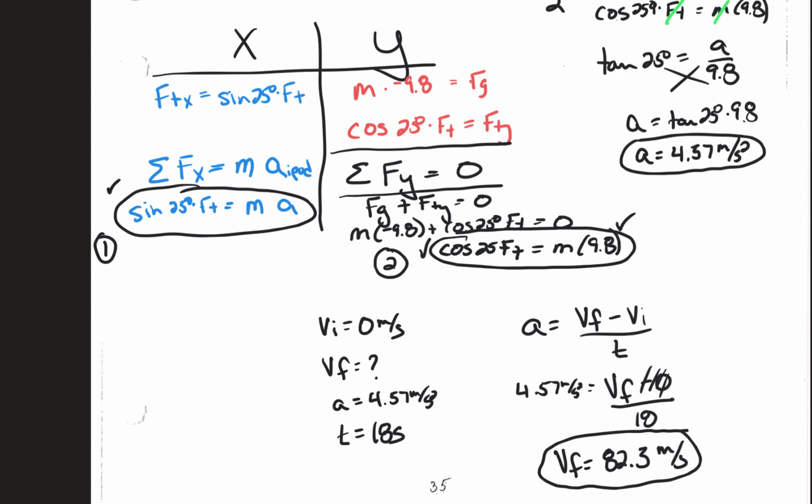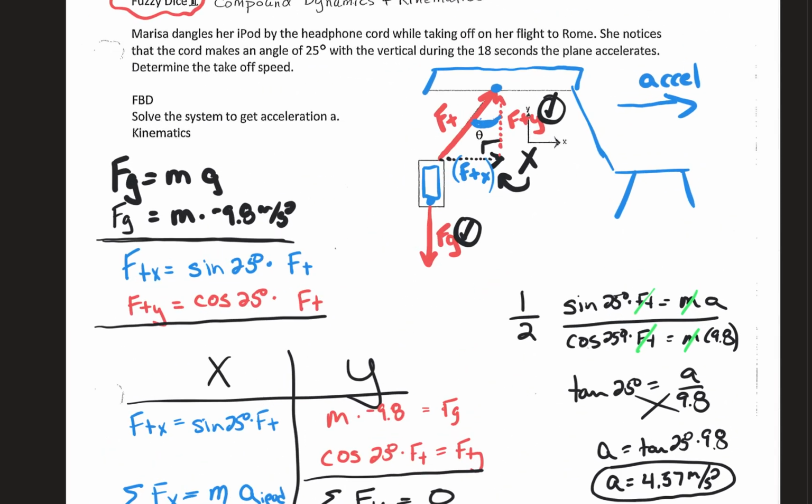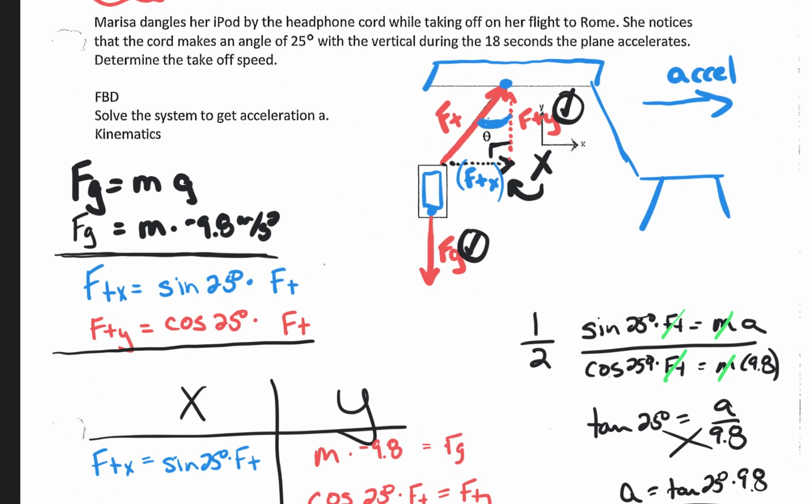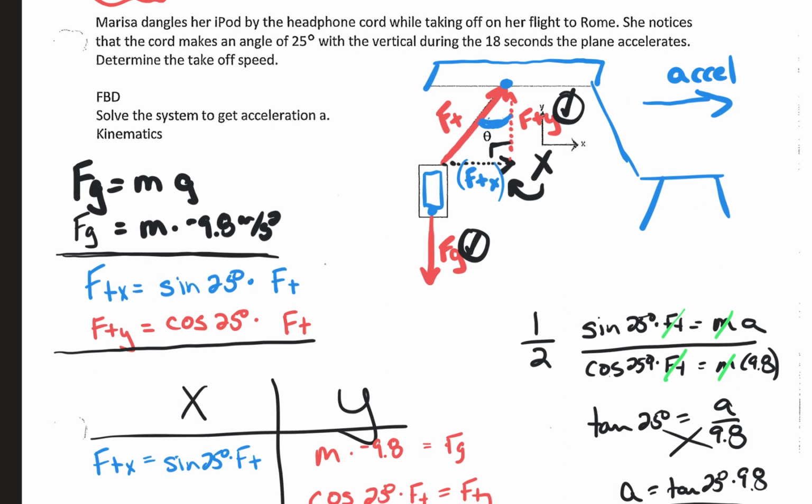So, big picture recap. When you have forces of tensions at angles, you have to break them into their components. And the convenient thing to do is to make a formula for each one in terms of another force. So we don't know gravity, but we know it's mass times negative 9.8. We don't know ftx, but we know that it's opposite the theta, so sine of 25 times the hypotenuse, ft.